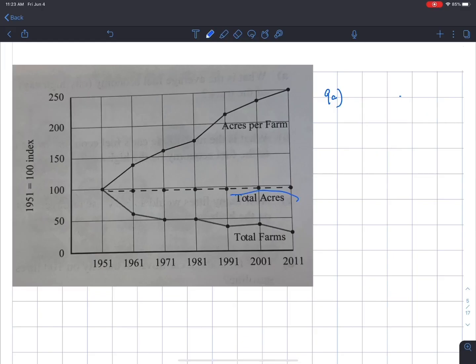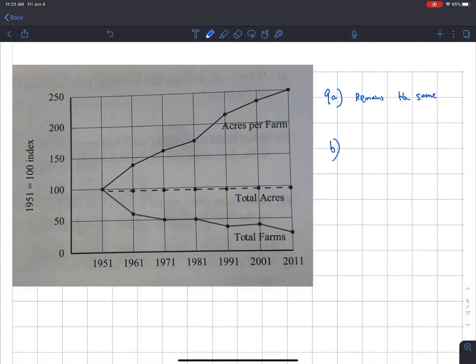Sorry, this is the line for total acres being farmed. This is just the total number of farms. So the farms are getting larger. They're getting bigger in size. They are able to manage more acres. That's why we see that the total amount of farmers is going down. So 9A actually remains the same.